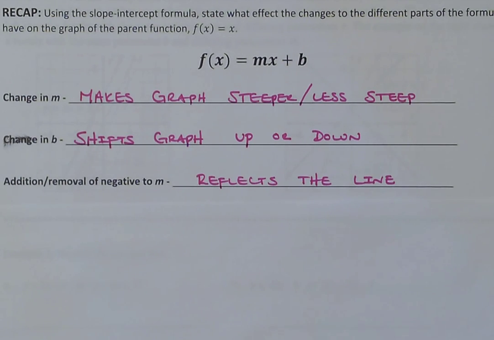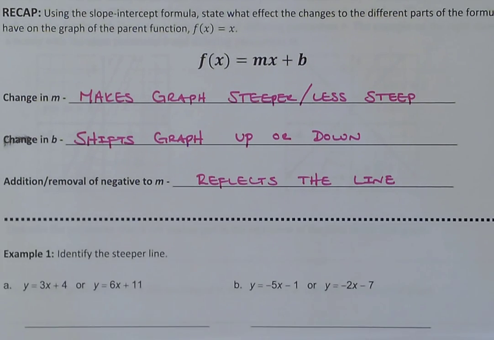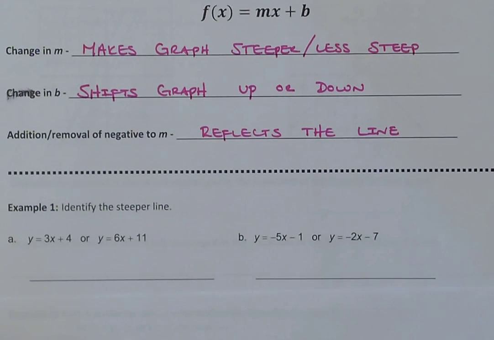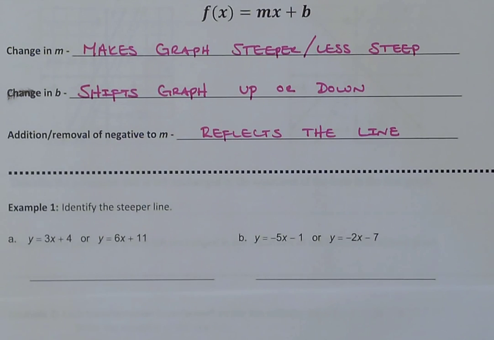Alright, so with that said, let's finally get into our examples for today. And I'm going to shift this up here a little bit so we can reference it, at least for the first example. So example 1 asks us to go through and identify the steeper line. So for A, we have y equals 3x plus 4 or y equals 6x plus 11.